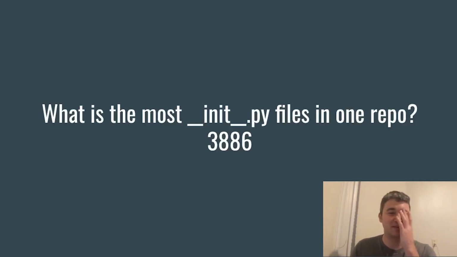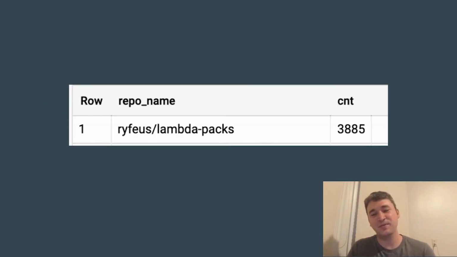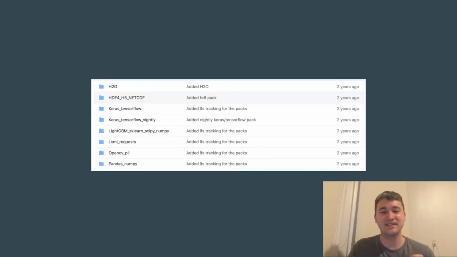Another question would be, what is the most __init__.py files in a single repo? And the answer was 3,886. And so I had to look at this repo. It's a repo called Lambda Packs, which is kind of interesting. It's basically packages of different libraries for use in AWS Lambda. So that explains why there are all these __init__.py files.